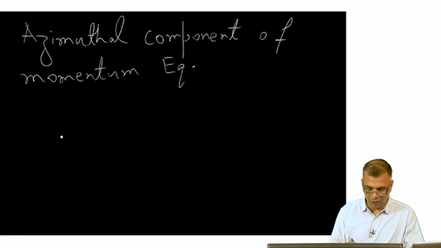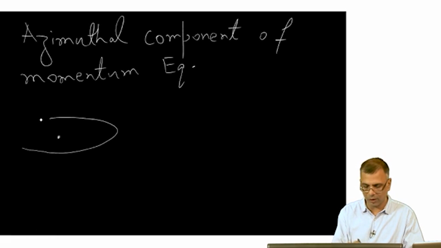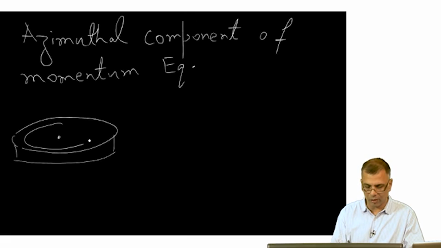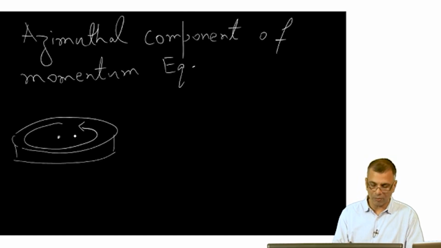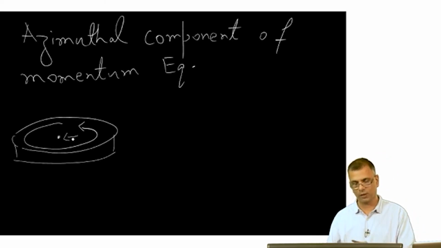So you have in one picture the central object here and an accretion disk here, which looks somewhat like this with a finite thickness, right? And matter is swirling round and round in a highly supersonic manner, and at the same time there is also very slow inward drift.